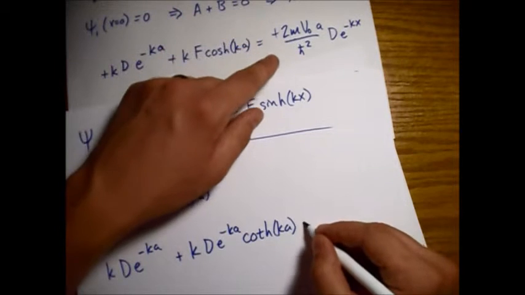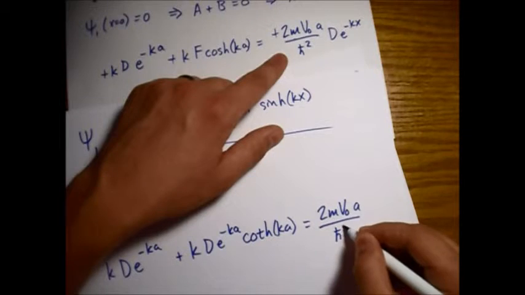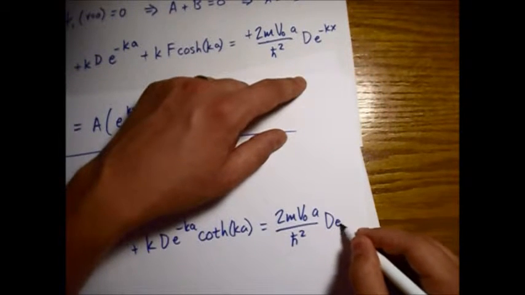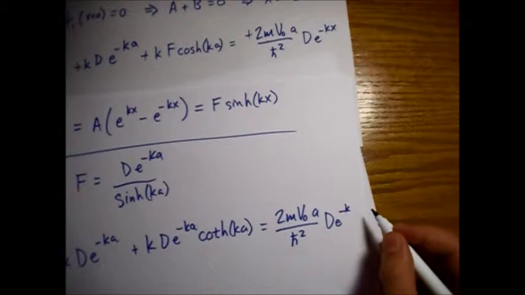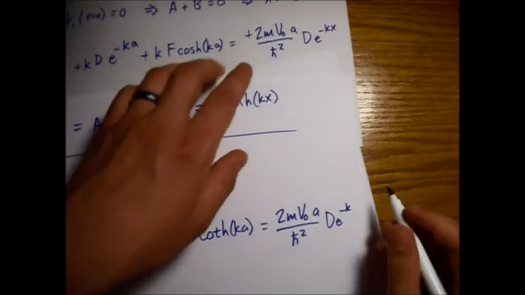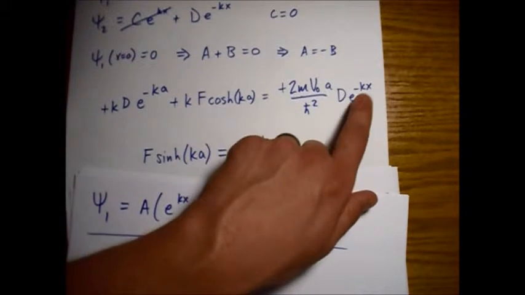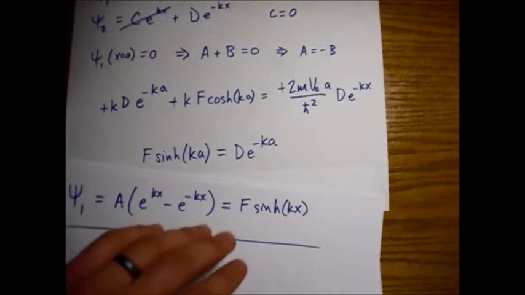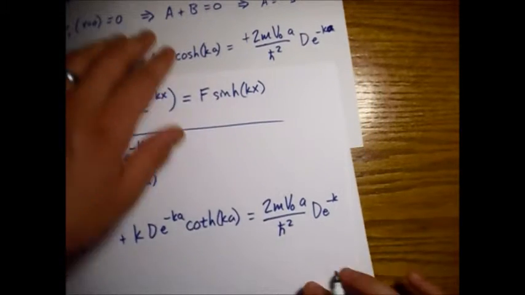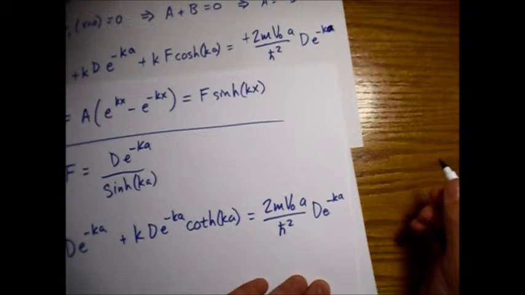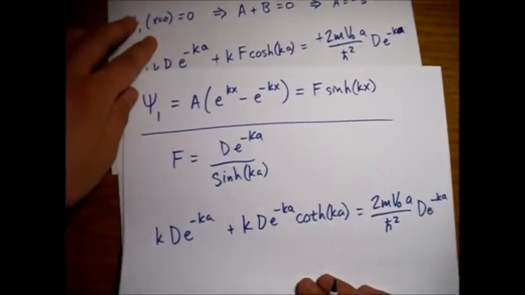And then on this side, we just have 2m V naught a over h bar squared D e to the minus ka. Make sure, did I need to evaluate this? I did, didn't I? This should be an a right here. I think I must have just got ahead of myself. I think that's right.